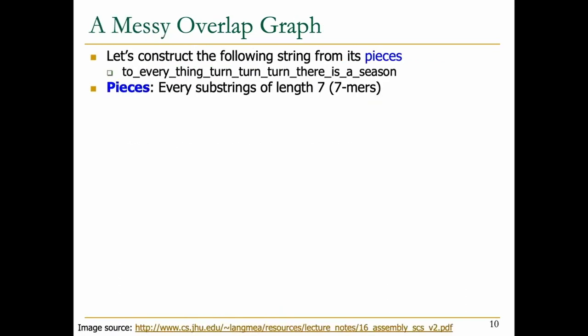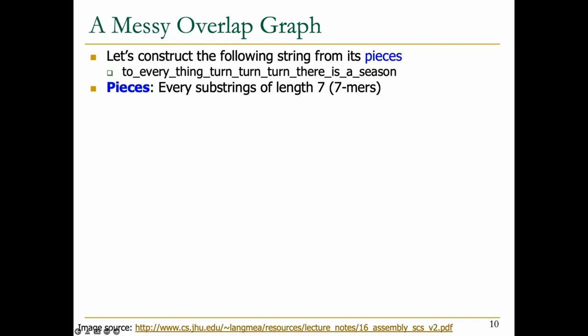So our goal is going to be to reduce that complexity, to do some cleaning up. But in order to convince you that the graph can really get quite messy, let's just construct the following string.